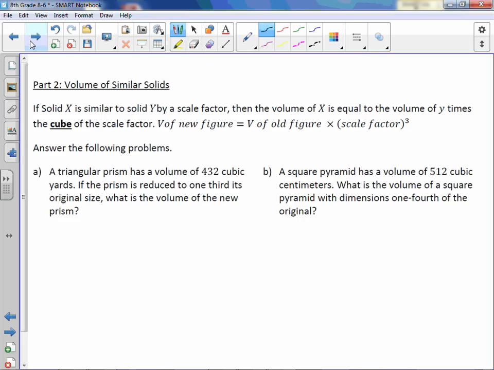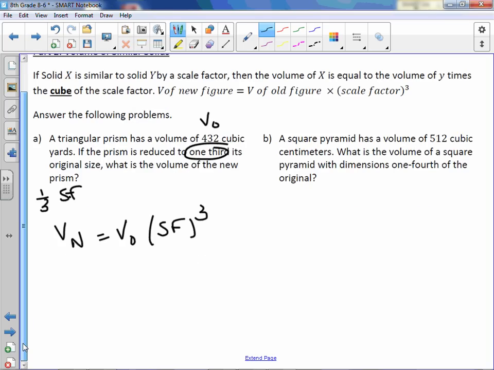A triangular prism has a volume of 432 cubic yards. This will be our old volume. If the prism is reduced to 1/3 its original size, what is the volume of the new prism? So 1/3 is our scale factor. Volume of new equals volume of old times our scale factor cubed, because volume is cubic.